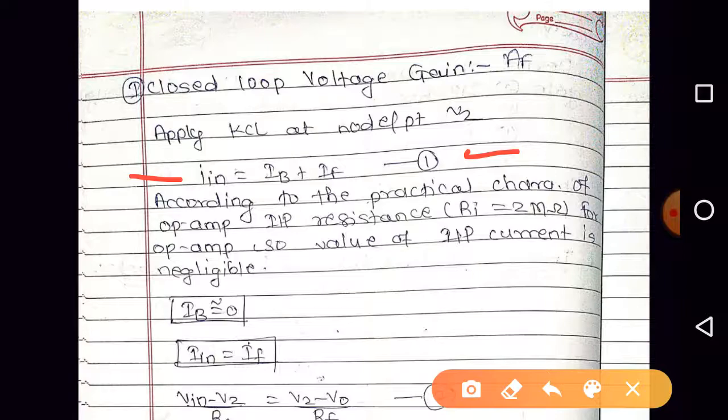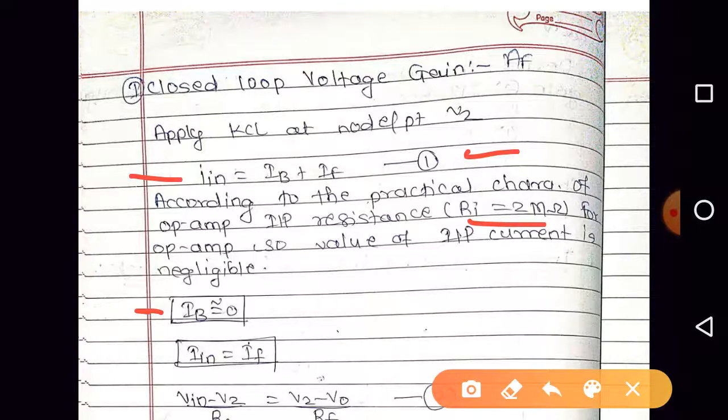Now, according to the practical characteristics of the op amp, the input resistance Ri is very high, that is 2 mega ohm. So the value of input current is negligible. Here we consider IB nearly equal to 0 because the input resistance of the op amp is very high, 2 mega ohm.